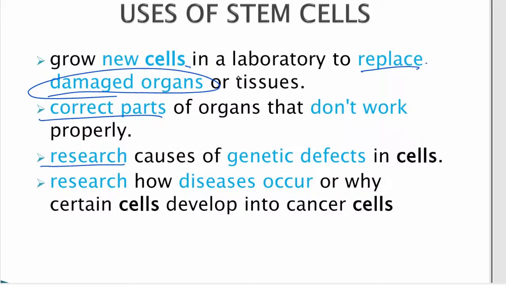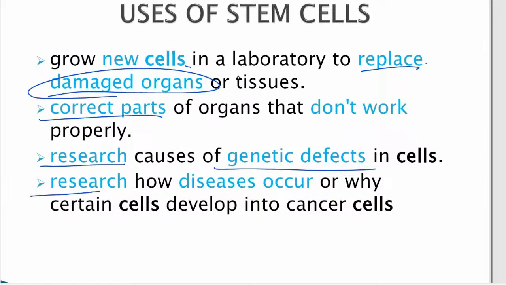We can use stem cells for research. You understand? The causes of a genetic defect in a cell. We might use the stem cells to multiply those cells, and then we put different conditions and see the effect of that instead of using a real individual.